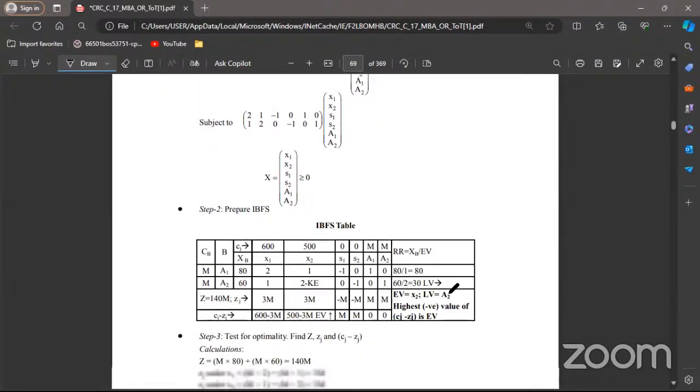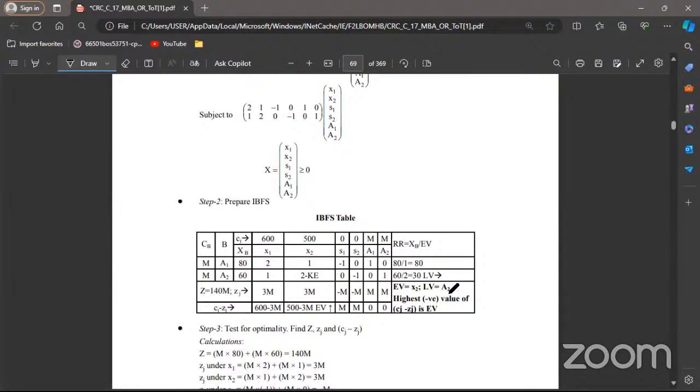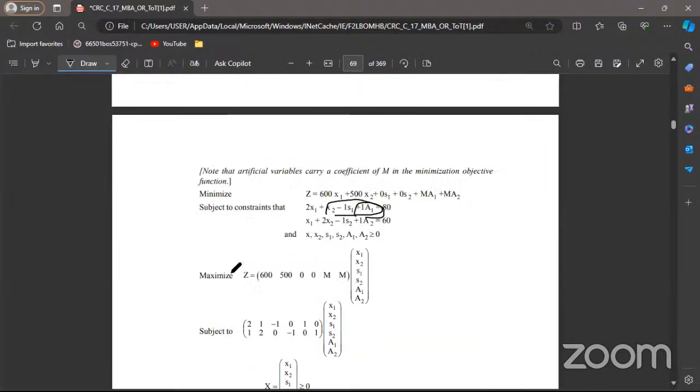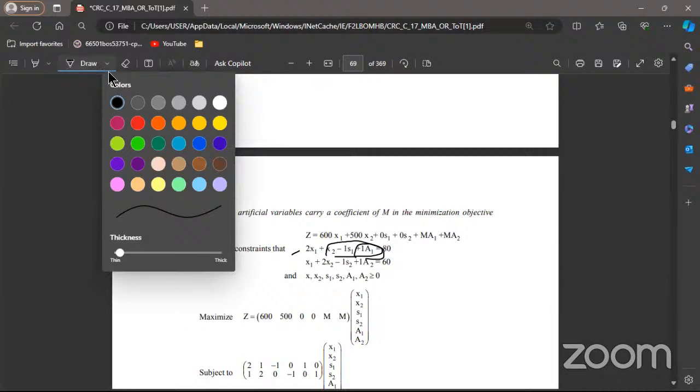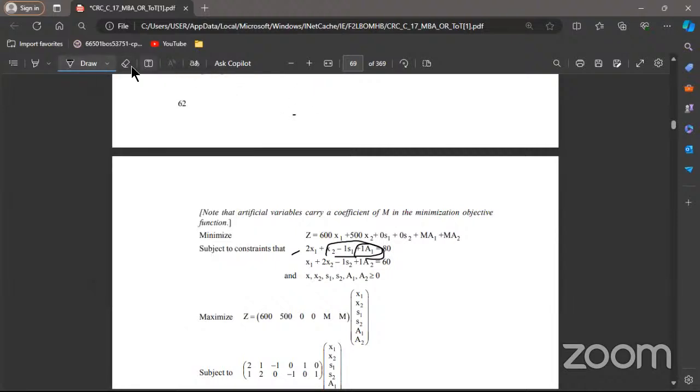See the table. Everything else is the same. Now, which variables will enter the table? From each constraint, only one variable will enter. The variable which we have added will enter.